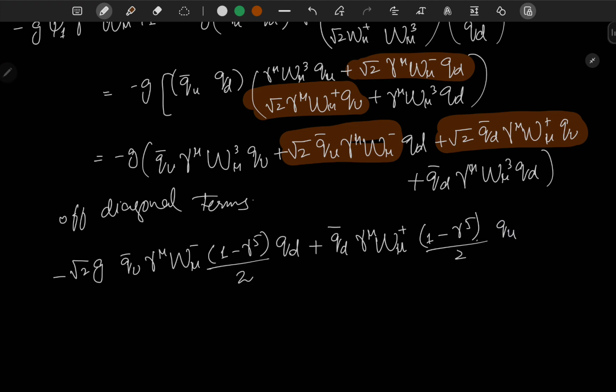Okay, so this one right here is the Hermitian conjugate.